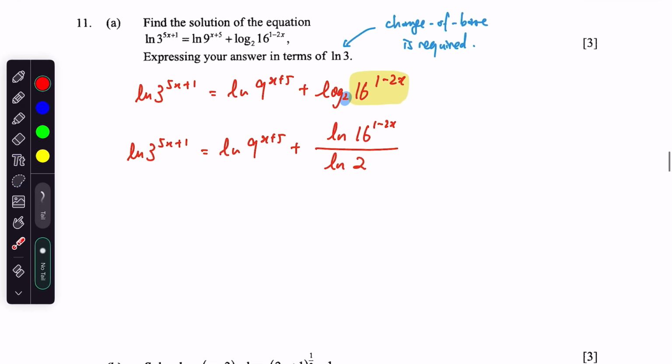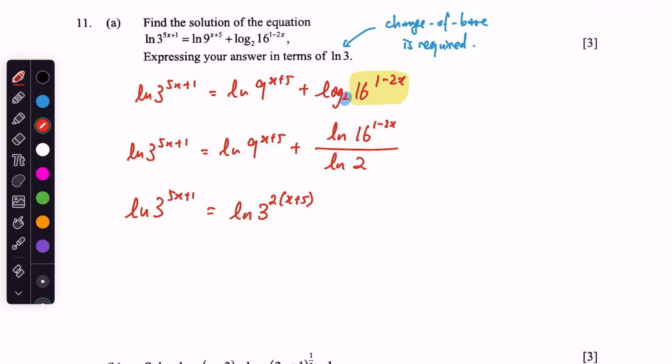So what I'm going to do now is I realize that I have a 9 and a 16, right? These numbers, we can write them as 3 to the power of 2, 2 to the power of 4. So let's write them as such. And we will get ln 3 to the 5x plus 1 equals ln 3 to the power of 2, but then we still have the power of x plus 5.